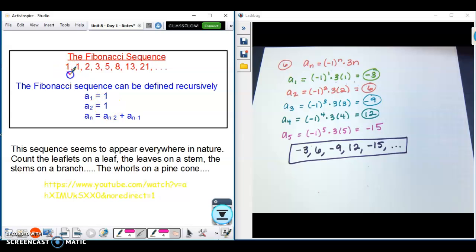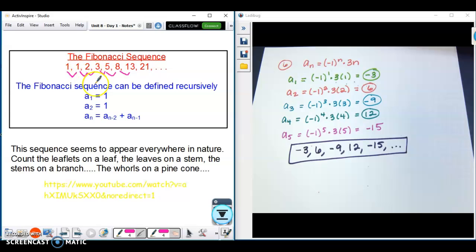So what you're doing here, if you have 1 plus 1 and you add those together, you get 2. 1 plus 2, you get 3. 2 plus 3, you get 5. 3 plus 5, you get 8. 5 plus 8, you get 13. 8 plus 13, you get 21. And it just keeps going on forever.